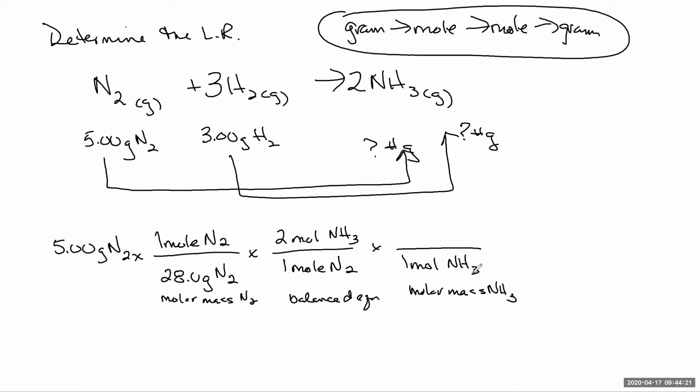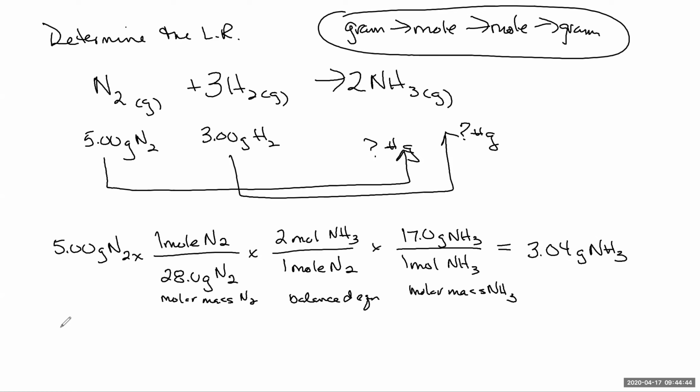Nitrogen is 14. Each of the hydrogens is 1. 14 plus 3, 17 grams of ammonia. And if I calculate that all the way out, I'm going to get 3.04 grams of ammonia. So now I would know if I start with 5 grams of nitrogen, I could form 3.04 grams of ammonia.